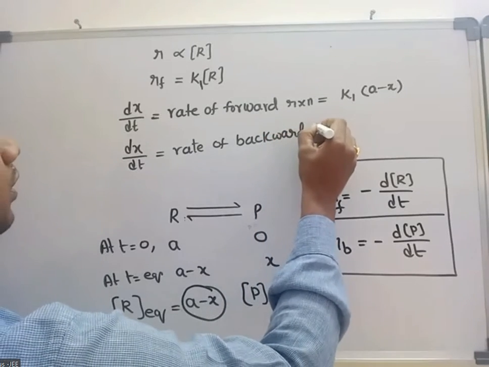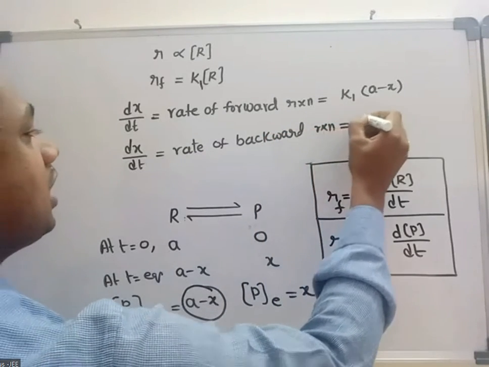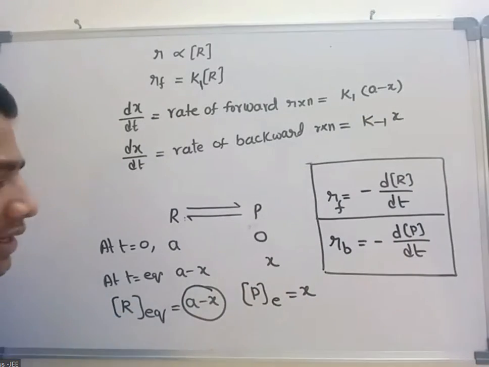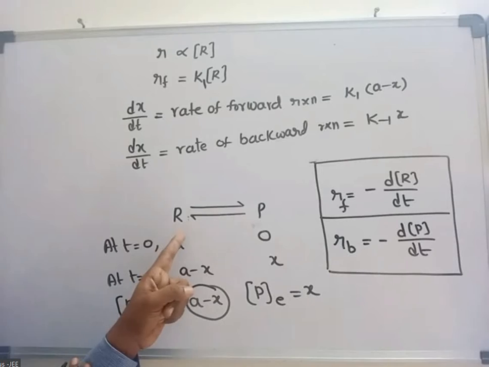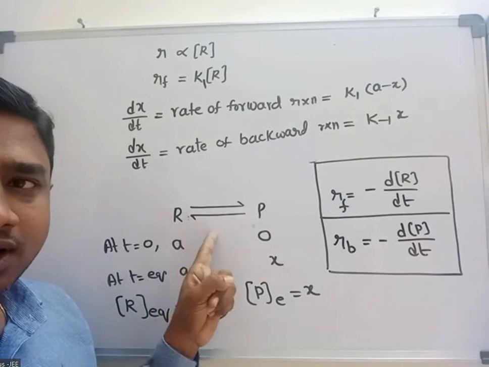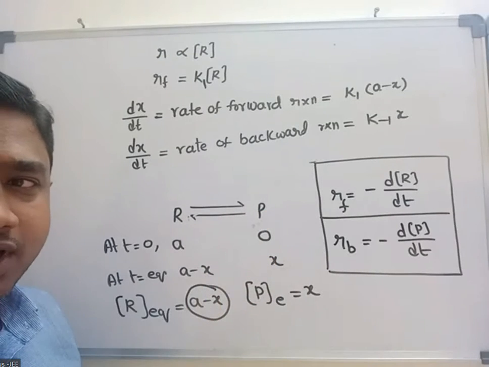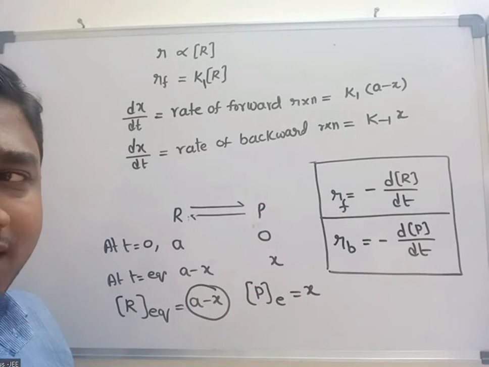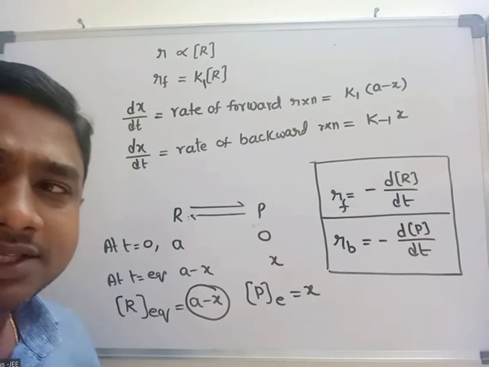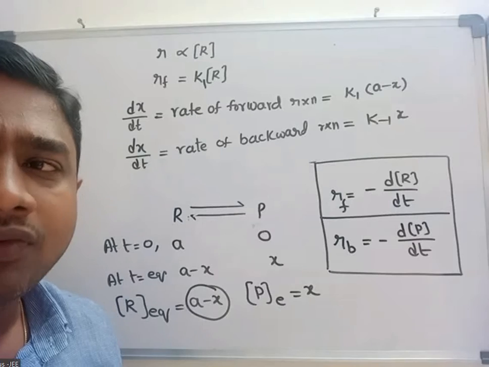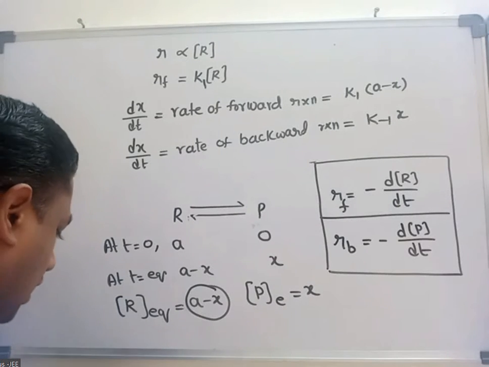The rate of the backward reaction is equal to K minus 1 into the concentration of products at time t, that is K minus 1 into X. That means the forward reaction is partly cancelled by the backward reaction. That's why the net rate of a reaction is the difference between the rate of the forward reaction and the rate of the backward reaction.